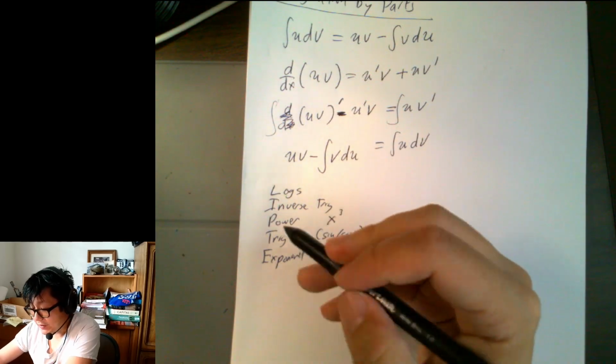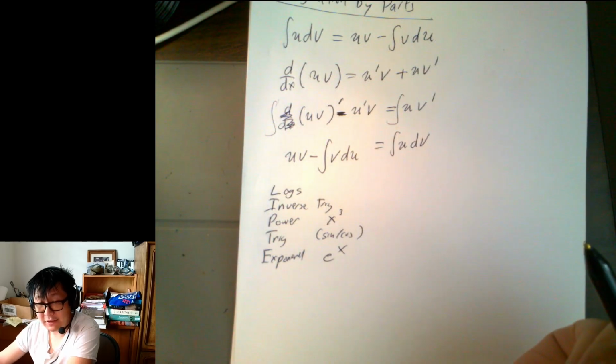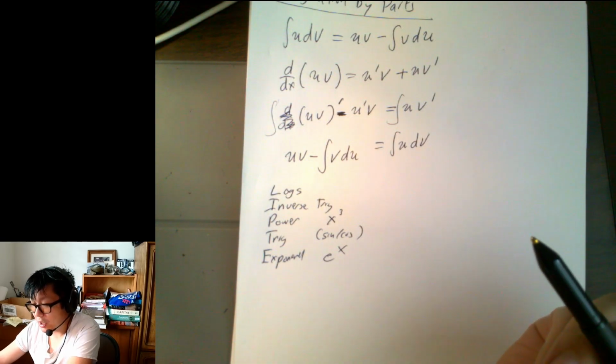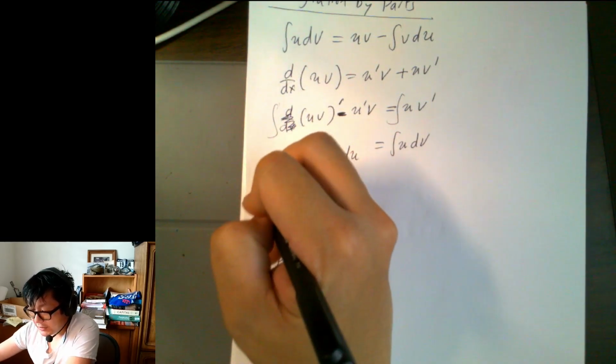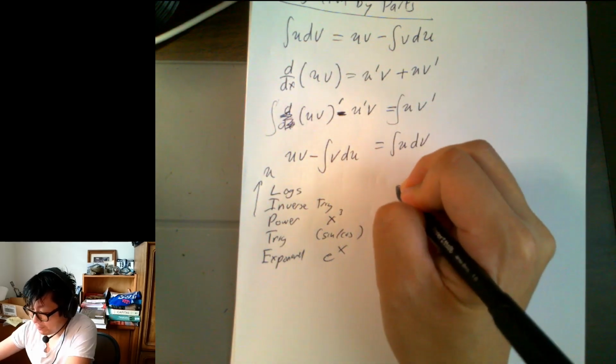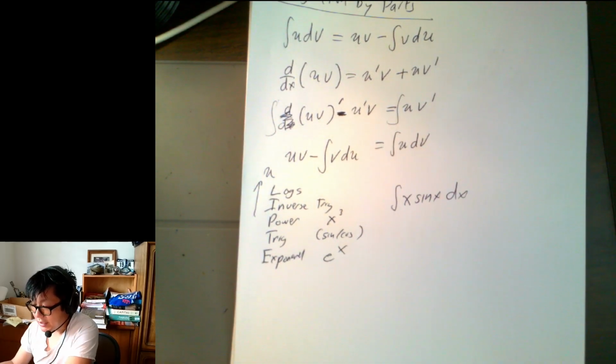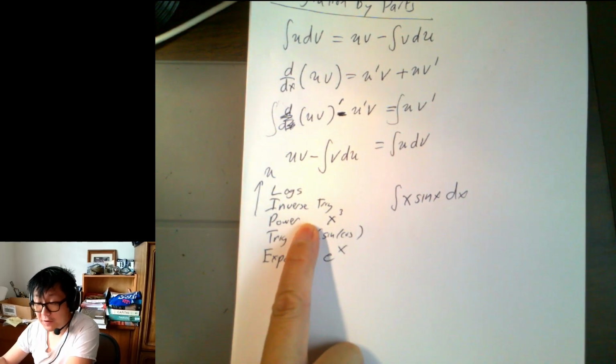All of these have known derivatives. The key, though, is that things lower on the list have easier integrals than things higher on the list. And so u is going to be whichever of the two functions multiplied is closer to the top of the list. So for example, if I have x times sine x, trig is below power function.